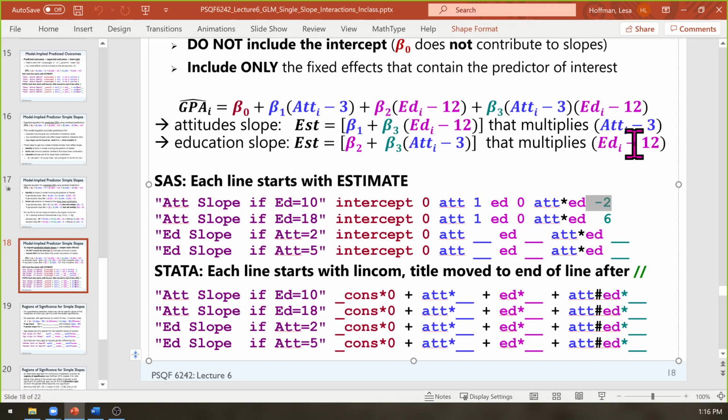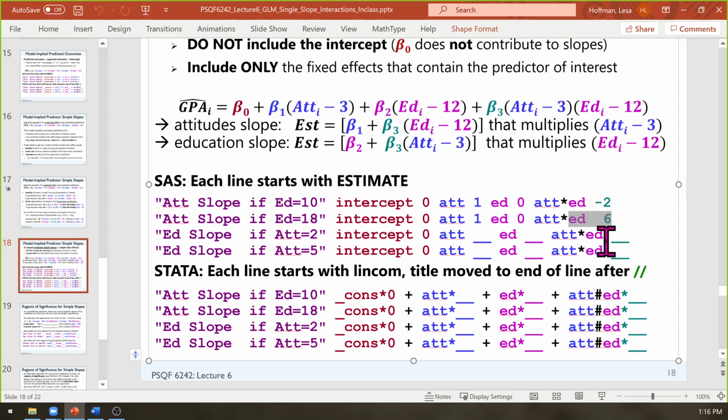So if I want the slope of attitudes for somebody with a 10th grade education relative to a 12th grade education as my reference, 10th grade is 2 fewer, and so it's -2. So the -2 applies to the value of education for which you want the attitude slope. Likewise, if I wanted the attitude slope for somebody with 18 years of education, that's what the 6 gives me in this line. Okay, with me so far?